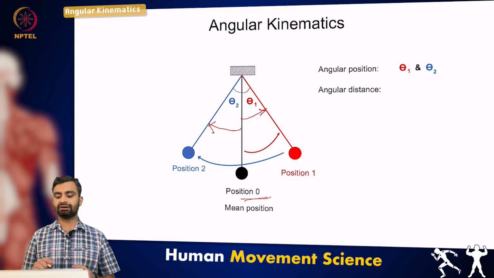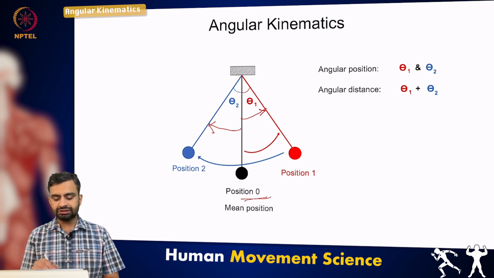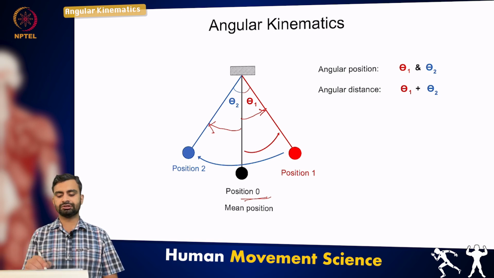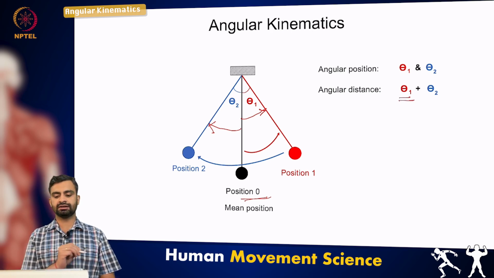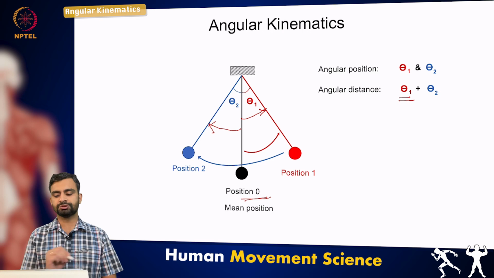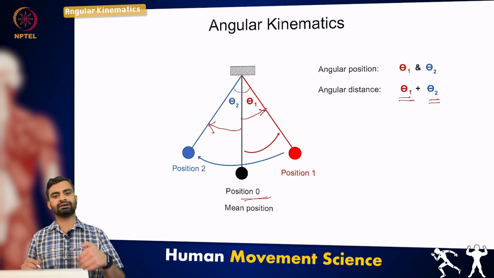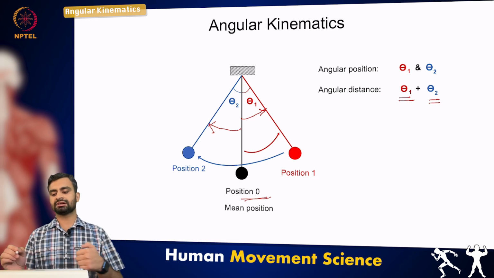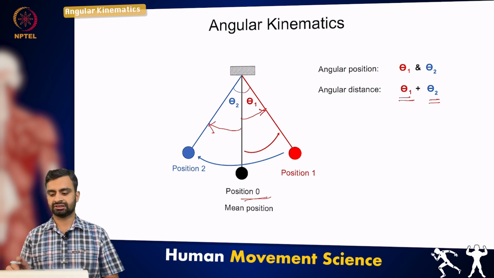If we look at the angular distance from position 0 to position 2, from 0 to 1 it moves by an angle θ1, and from the mean position to position 2 it is θ2. So the total distance traveled, the angular distance, becomes the sum of the two angles.